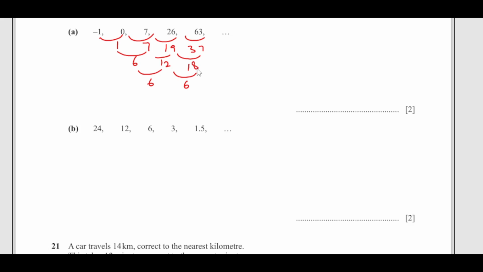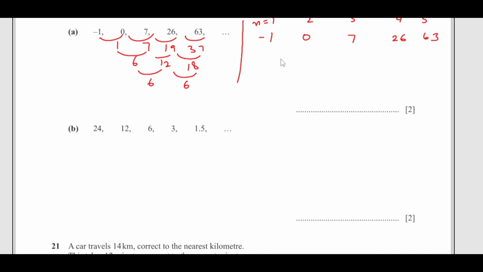For the cubic, if n is equal to first term, then second, third, fourth and fifth, right. Here the first term is -1, this is 0, 7, 26 and 63. Now for the cubic function we need to have something cubed, right.